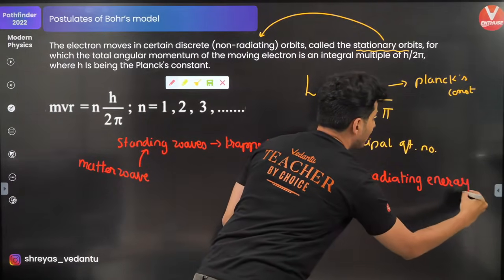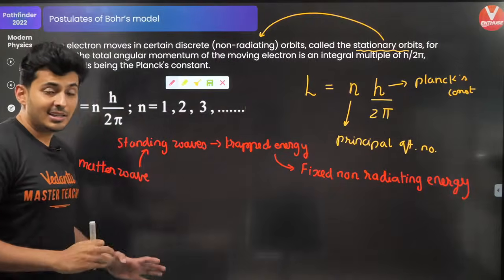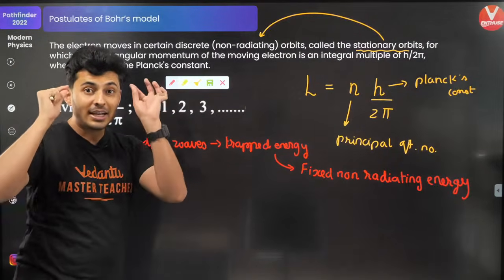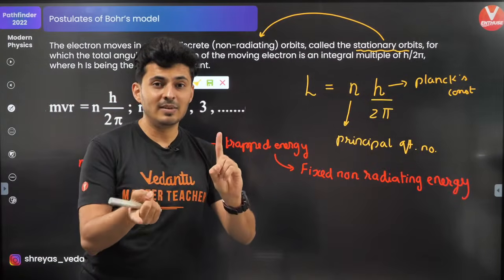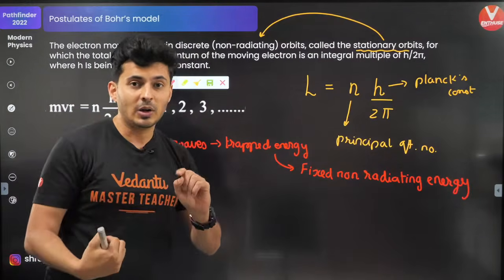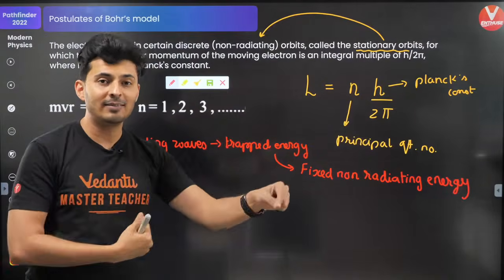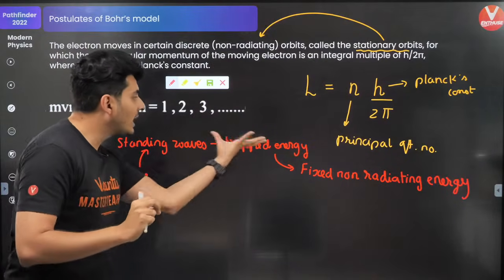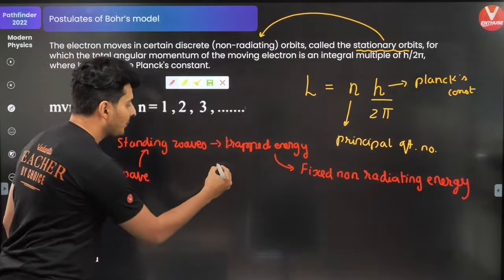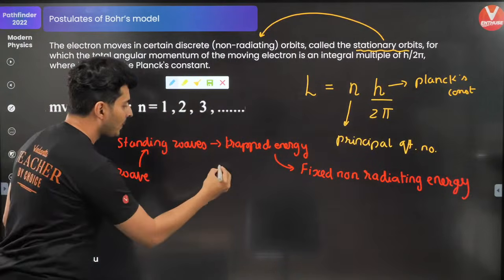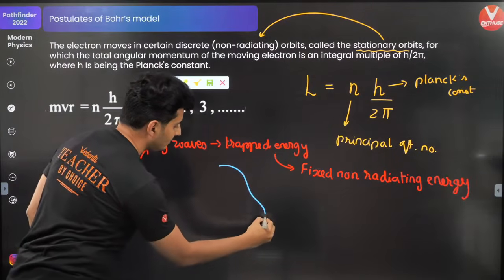That is very, very important. Remember the dual nature of a particle and a wave. The wave nature of the electron should produce a standing wave so that the energy gets trapped and the orbit has a fixed energy.